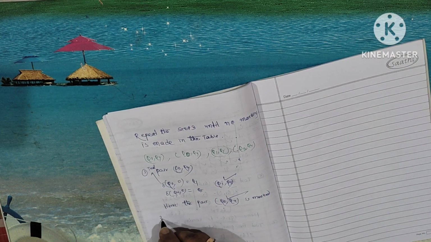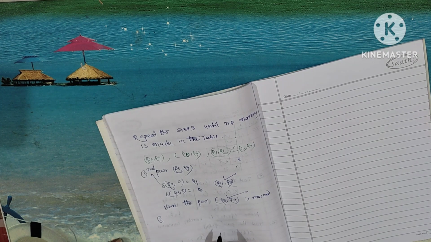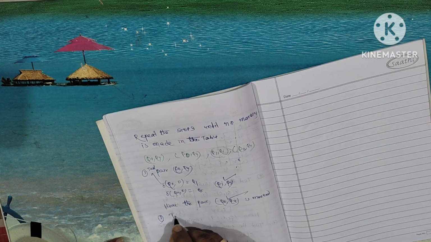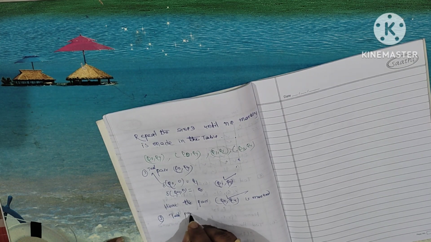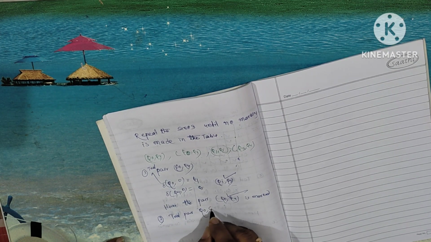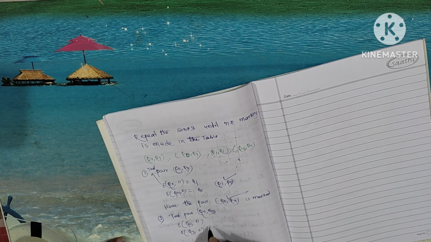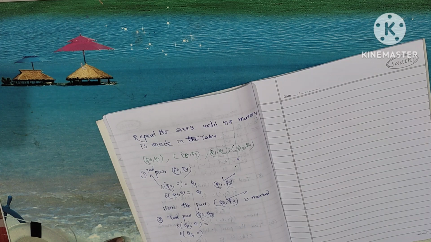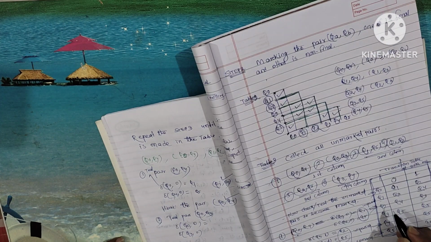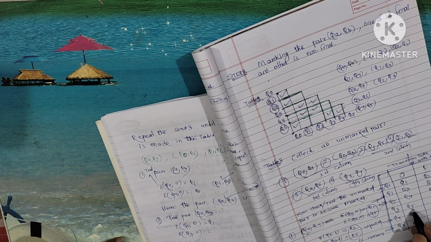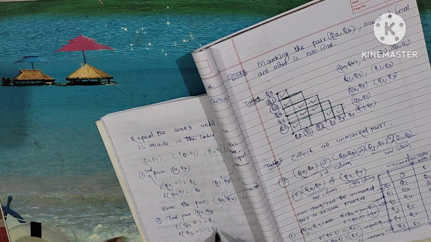Similarly, Q0, Q3, second one, test pair Q0, Q3. Q0 on 0, Q3 on 0, you can see here Q0 on 0 goes to Q1, Q3 on 0 goes to Q5.